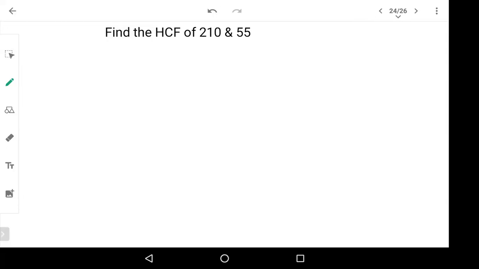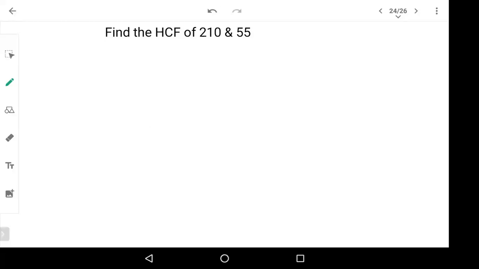So first step, what you're supposed to do is find out which is the greater number and which is the smaller number given. Now out of 210 and 55, can you tell me which is the greater number? 210. So it's very evident.